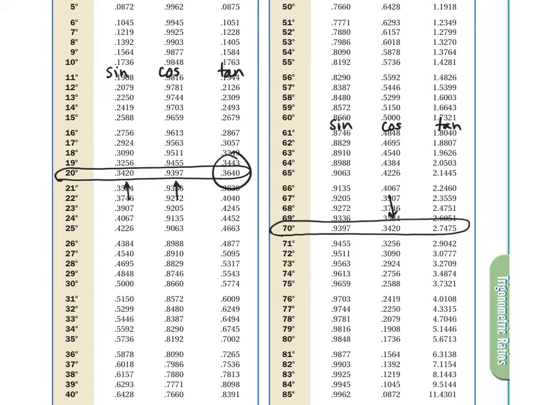And these two, the tangents, they're reciprocals of each other. If I put 0.3640 over 1, and I flipped it, 1 divided by 0.3640, I get that number right there.